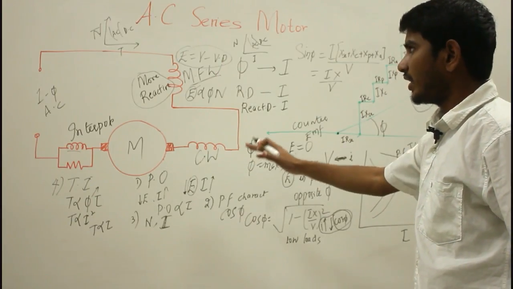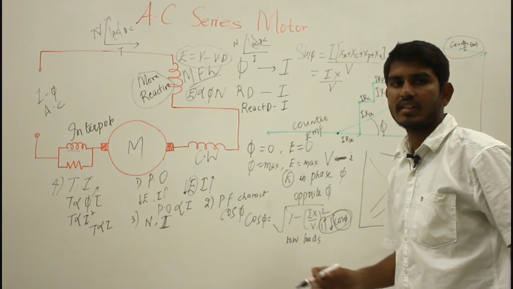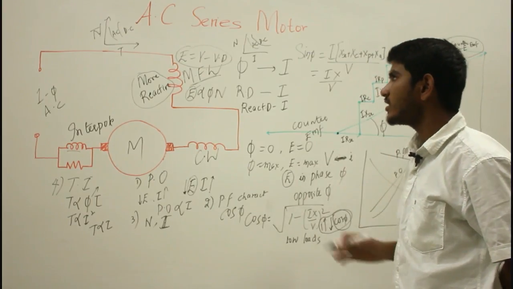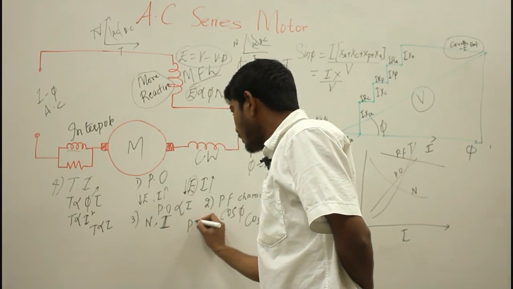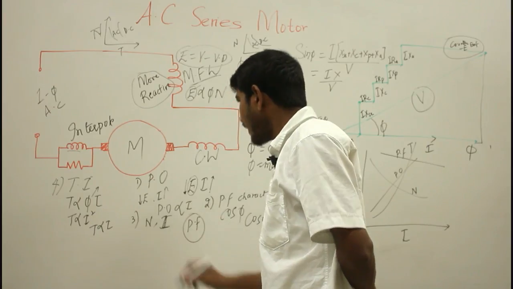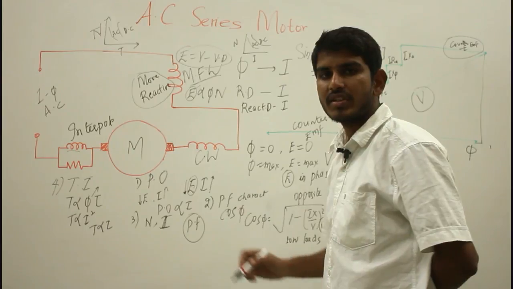Now the operating characteristics of your AC series motor is very much similar to the DC series motor. However, in case of your AC series motor, you will be having a very poor power factor because of the high inductance of the series field winding and the armature winding.